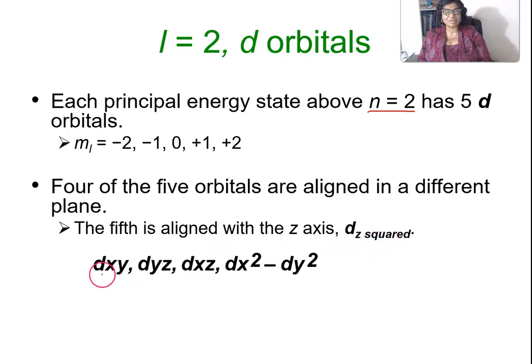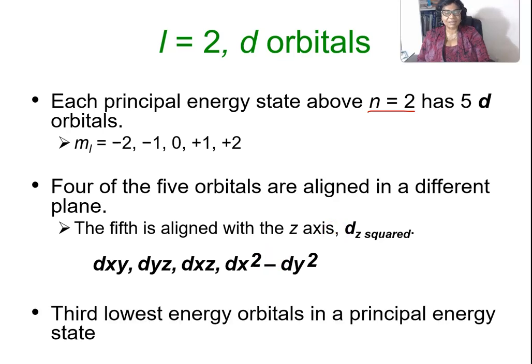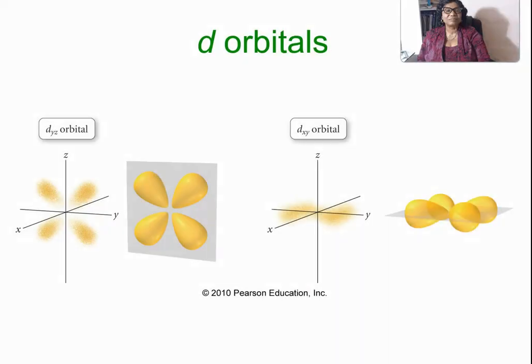So we have dz squared, dxy, dyz, dxz, dx squared minus y squared. It is the third lowest energy orbital in the principal energy state. So these are the shapes of the orbitals. You see, we have this clover shape.